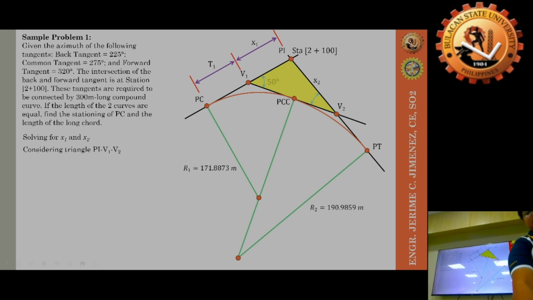Ito yung angles natin, 50 degrees, 45 degrees. If this is 50 degrees, ito ay 45 degrees, what is this angle? So, may 95 ka na, minus 180. 85 degrees. Okay? That is 85 degrees.